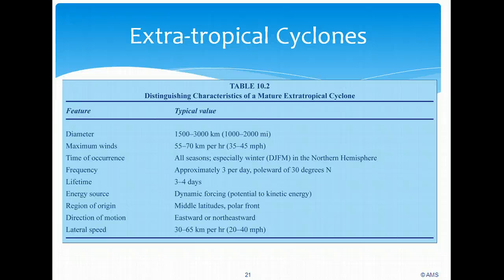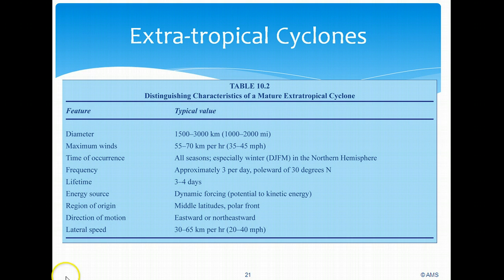Again, the low is characterized by fronts and a comma cloud pattern, which we'll see in a minute. It becomes a cold core cyclone, especially in the later stages of its life. So this is what we're discussing at this point in Chapter 10.